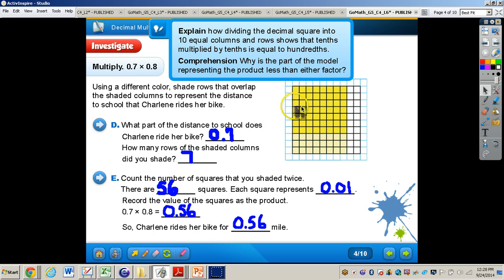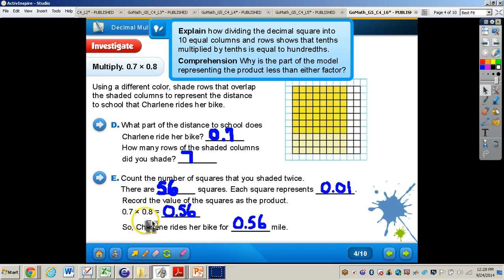These small little squares represent the product of a tenth multiplied by a tenth. Okay, now the next one, why is the part of the model representing the product less than either factor? Both decimal factors are less than 1, so you're finding a part of a part. In other words, we're trying to figure out what is 7/10 of 8/10.